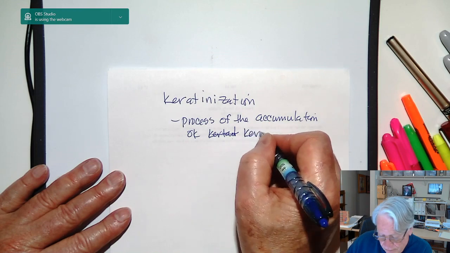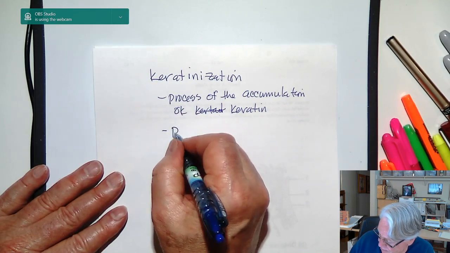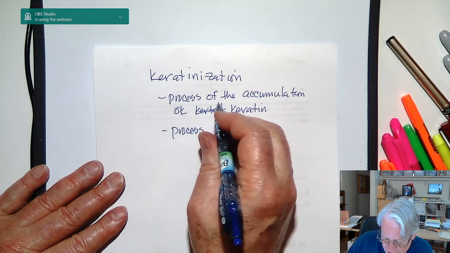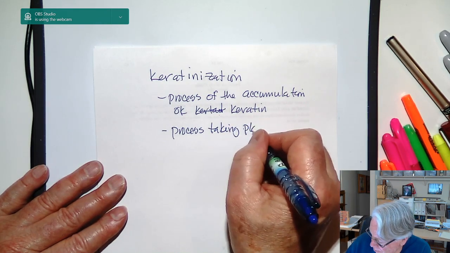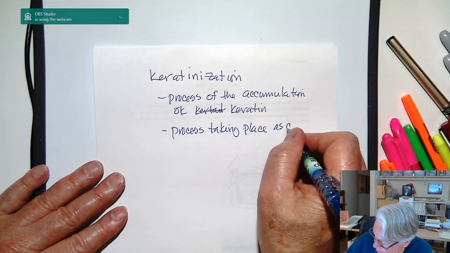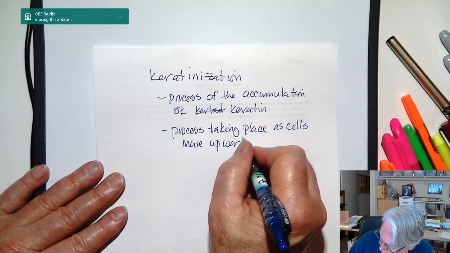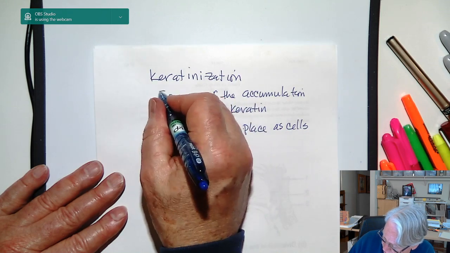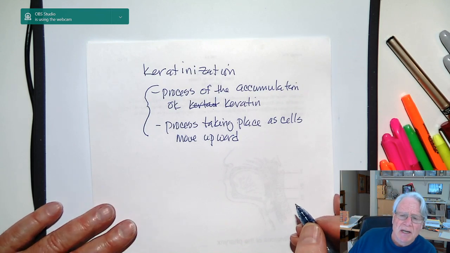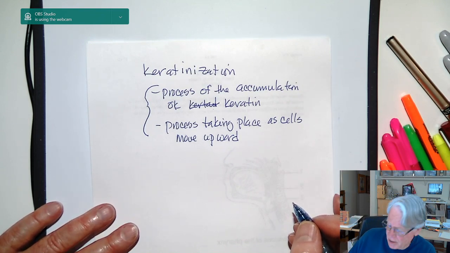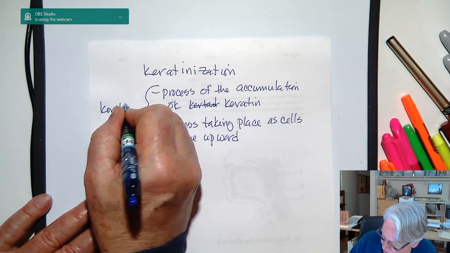Here we go. Okay. And the whole process taking place as cells move upward. So keratinization is these 2 ideas: the process of the accumulation of keratin and the process taking place as cells move up the various layers. So this whole thing can be characterized as keratinization.